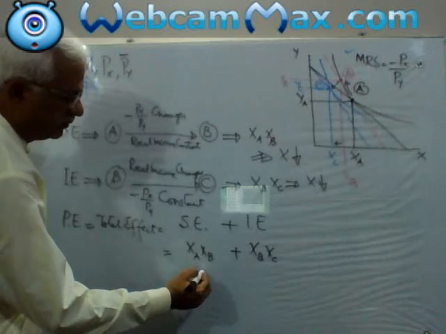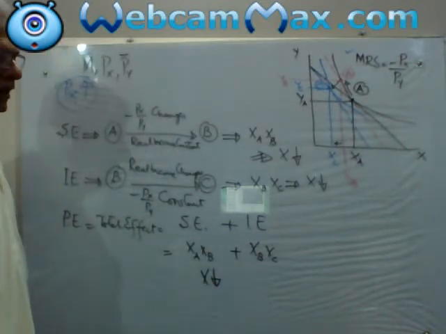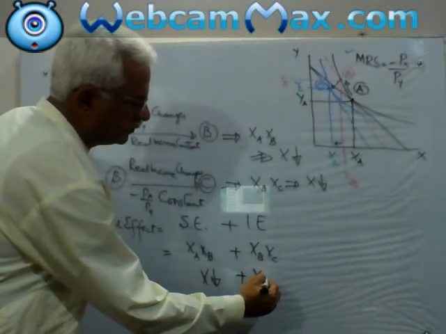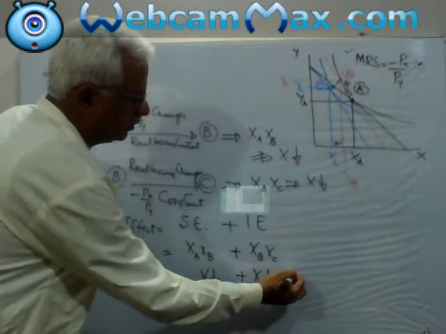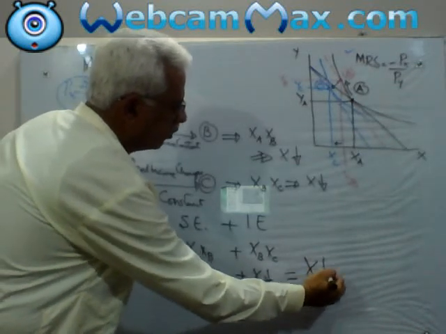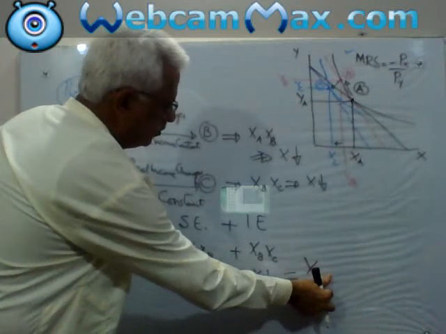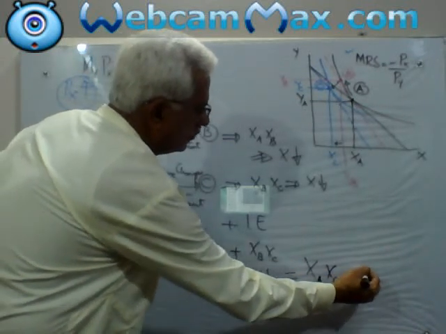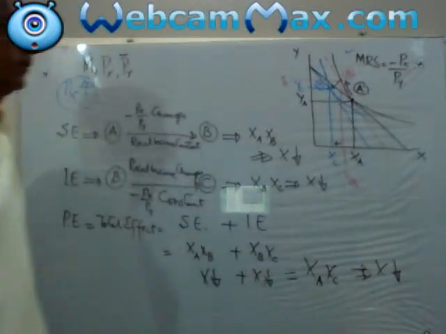The substitution effect reduces X, the income effect further reduces X, and the total effect is that overall X reduces from XA to XC, which is the final for X.